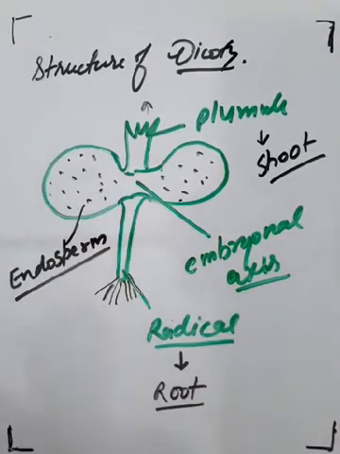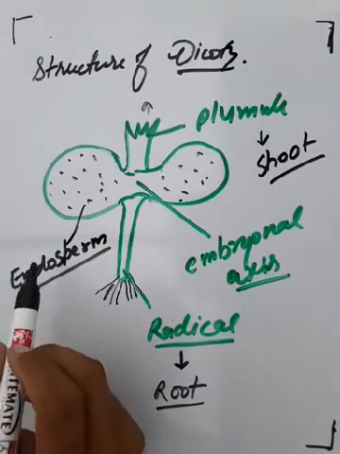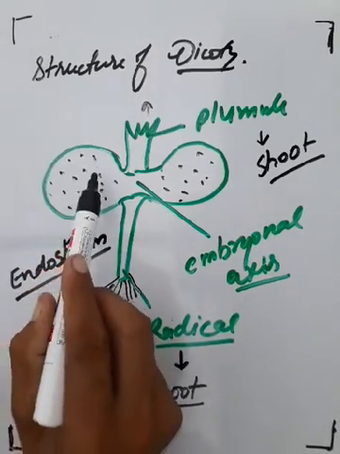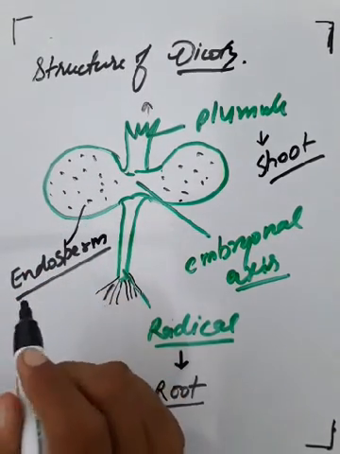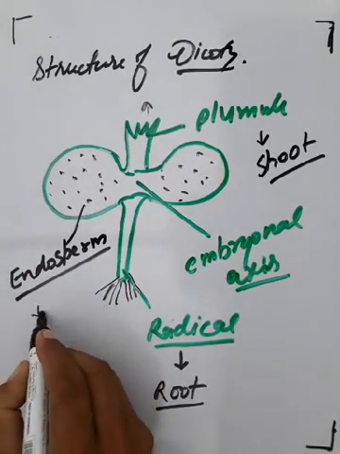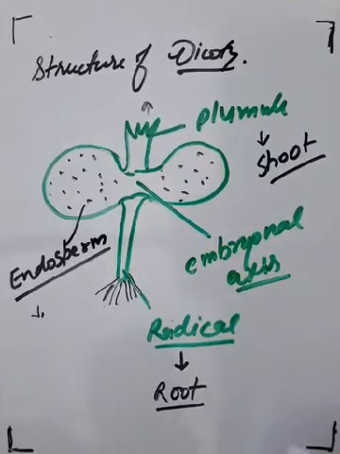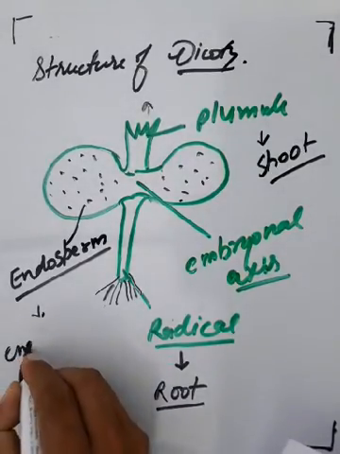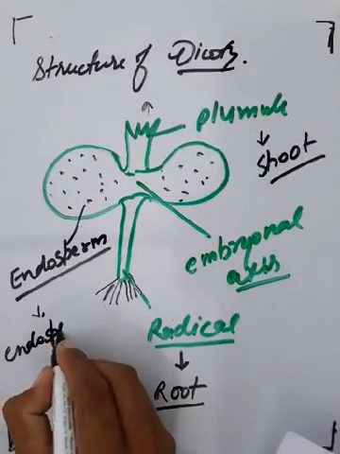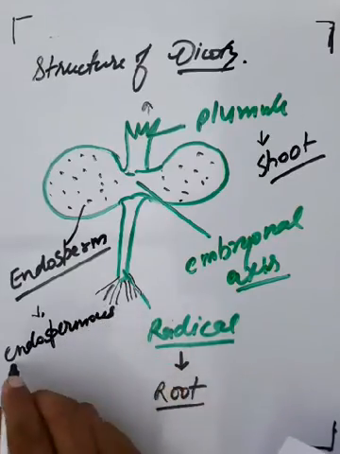In some types of seeds, the endosperm is stored in their cotyledons. These are known as endospermous seeds.